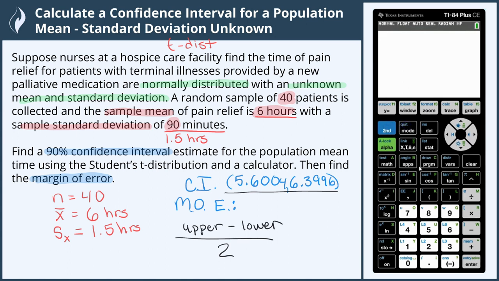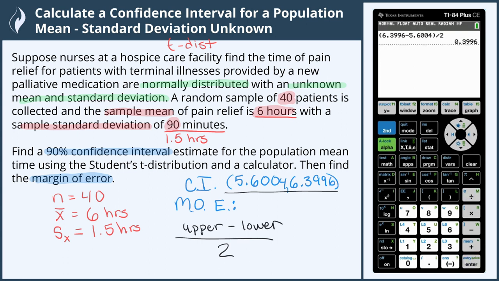and then we'll have to open parentheses and type in our upper bound, which is 6.3996, then subtract the lower bound, which is 5.6004, close our parenthesis and divide by 2 will give us our margin of error, just like we did with our z-intervals.